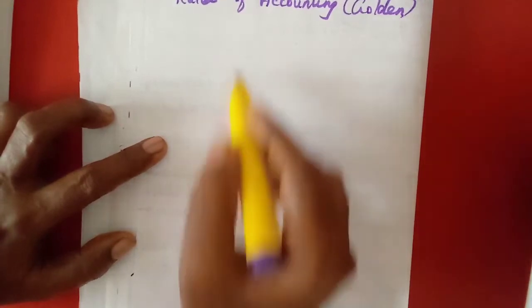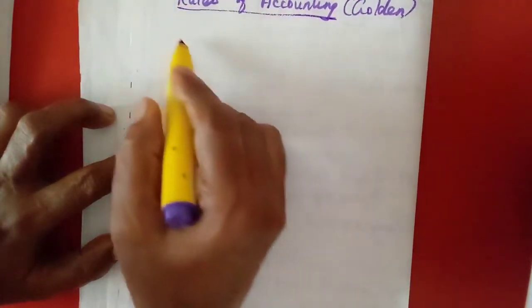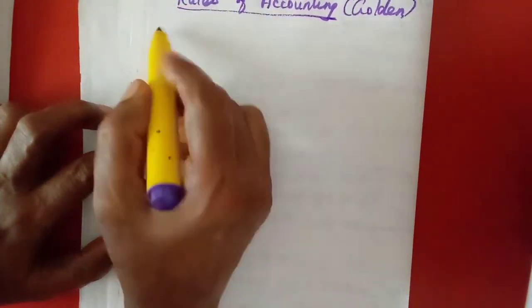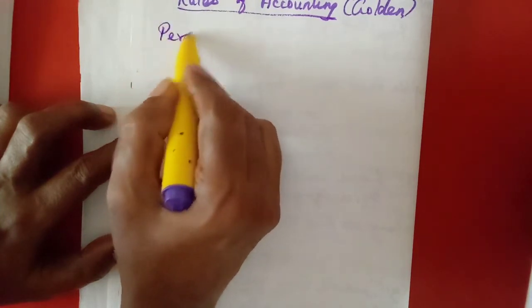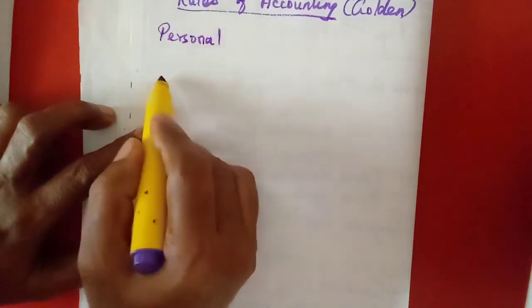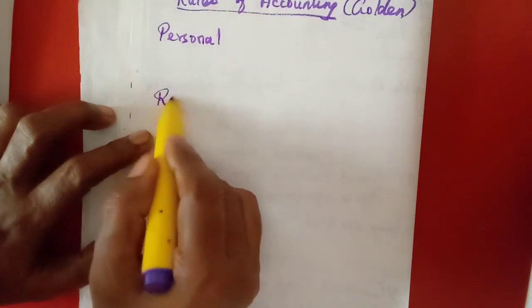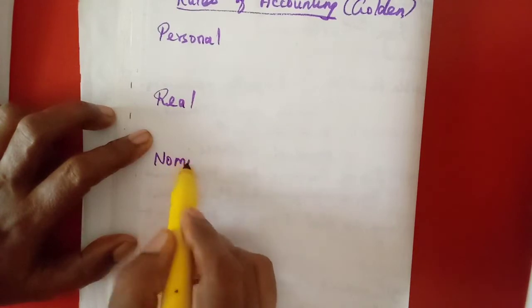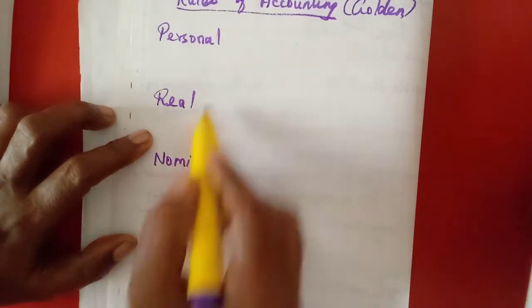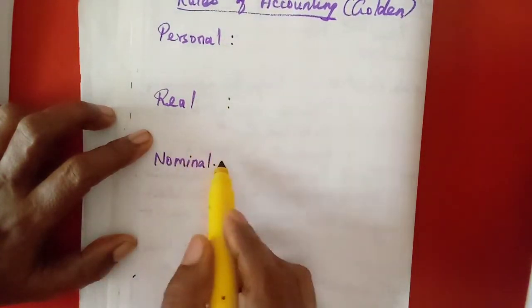In any way they can ask. Rules of accounting. How many accounts have we learnt now? 3 accounts, isn't it? First one, personal. Then the next one, real account. The third one, nominal account. This is the fundamental thing, that rule we should know.